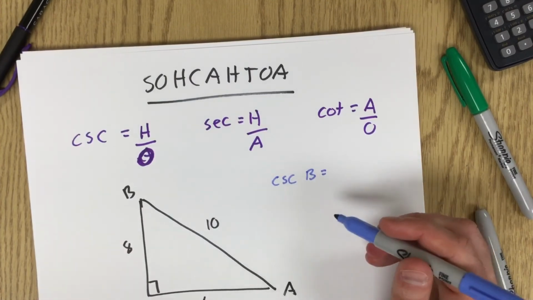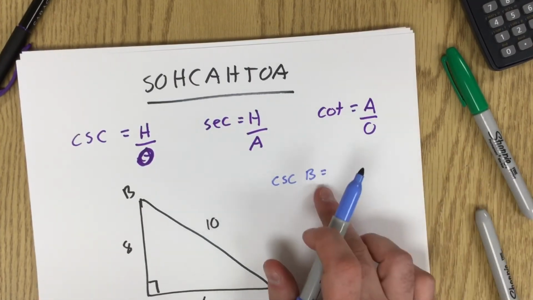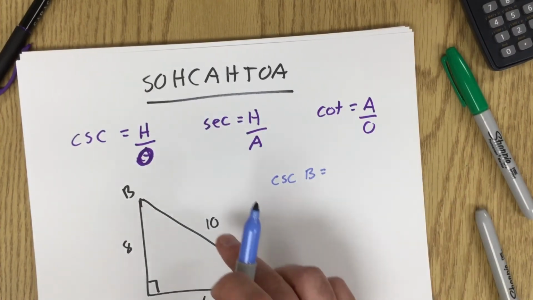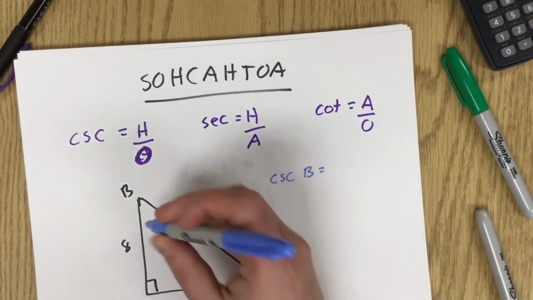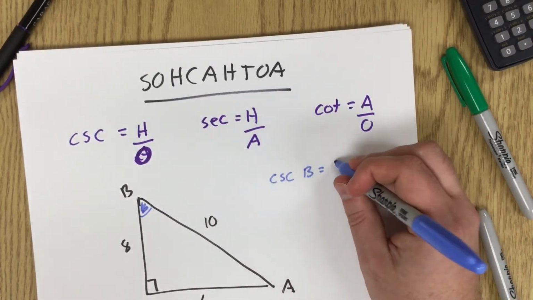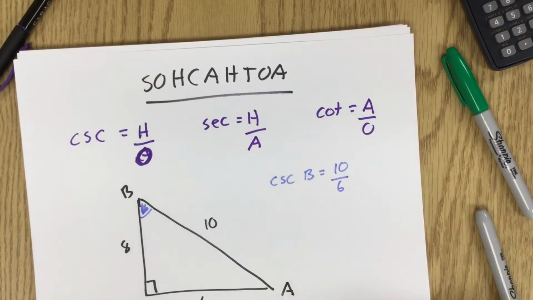One way of looking at it is you could just say cosecant is hypotenuse over opposite. With B, this is our angle, so hypotenuse over opposite is going to be 10 over 6.